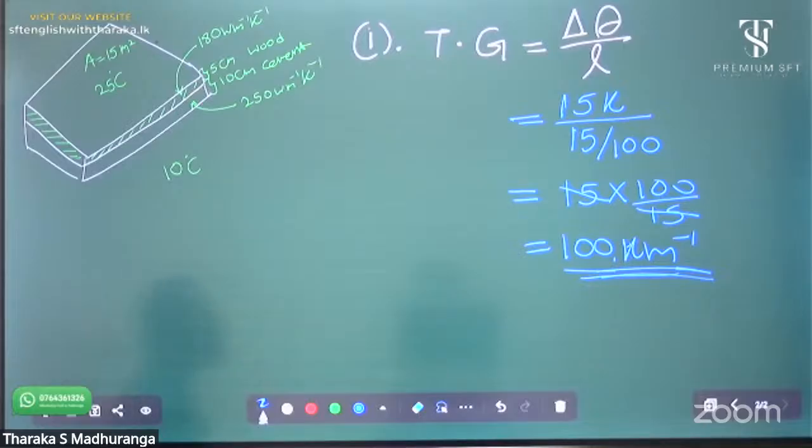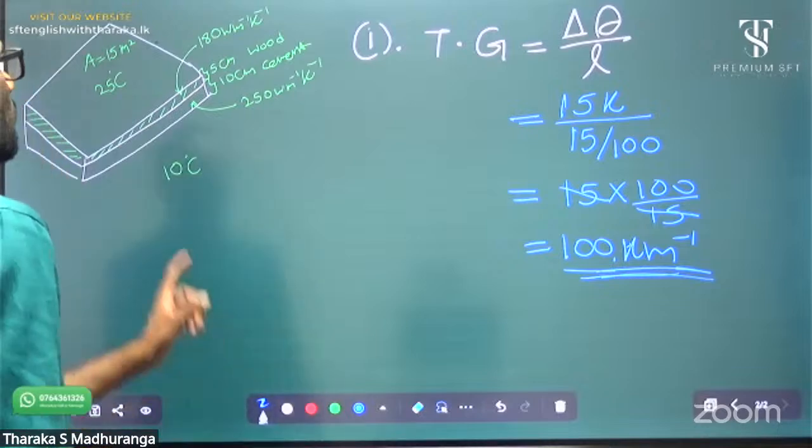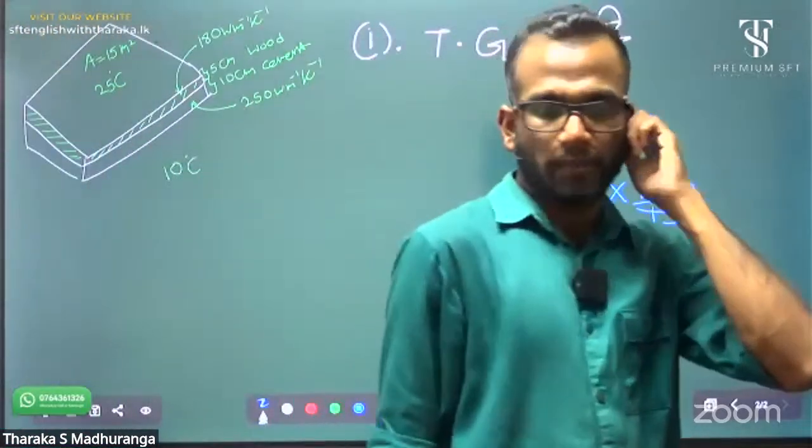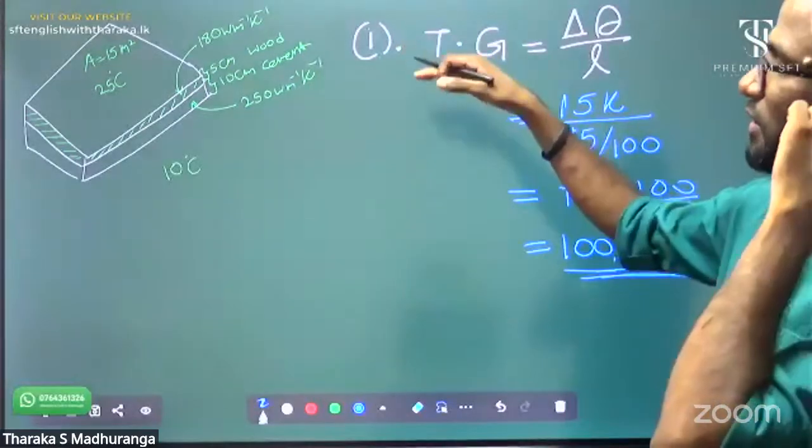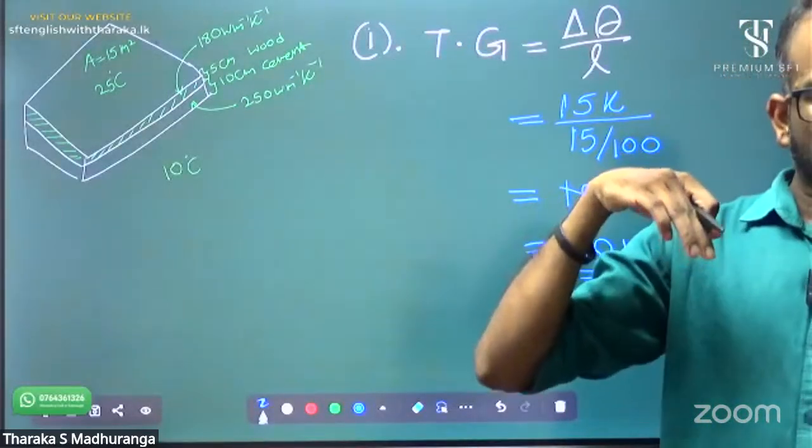We can't calculate each layer separately because we still don't know the intersurface temperature. If we find the intersurface temperature, we can calculate each layer. But the question gives the heat energy transfer under steady conditions, right?